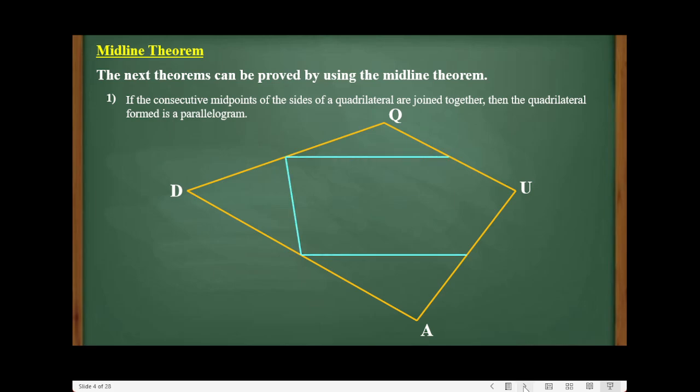And we connect those midpoints by four segments, these segments are the blue segments. And what do we have here? Another quadrilateral. Let us name this as quadrilateral PRLE. You will notice that the blue quadrilateral formed is actually what? A parallelogram. Okay?